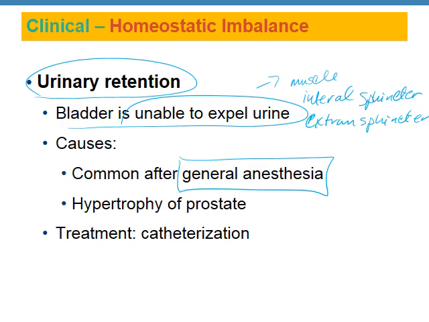Maybe that muscle is just not being controlled properly, right? Hypertrophy, so you can have enlarged prostate, and then that can block the urine from being expelled from the bladder. And basically they have to do a catheterization. They have to feed a tube up the urethra into the bladder and relieve the urine from the bladder.